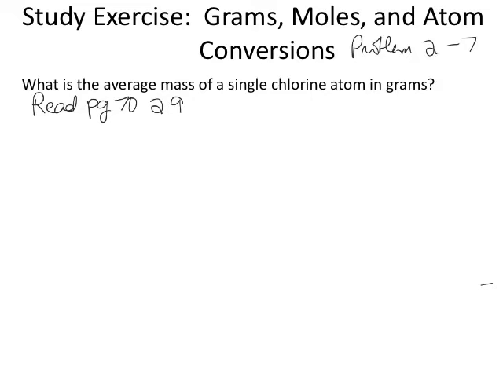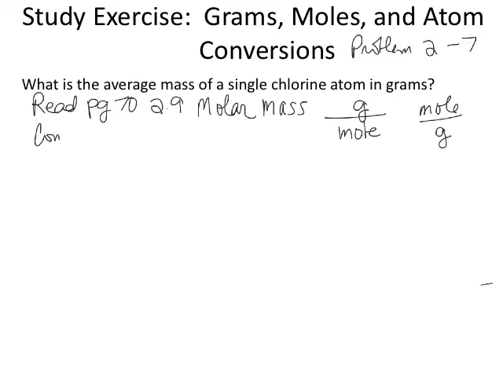And it talks about molar mass. Molar mass is grams over mole, or it can be mole over gram. These are your conversion factors we talked about. And now the number that always goes with the unit mole in molar mass is 1.